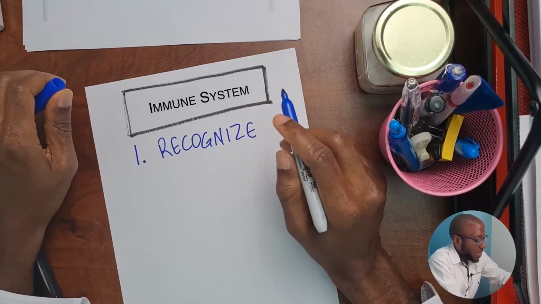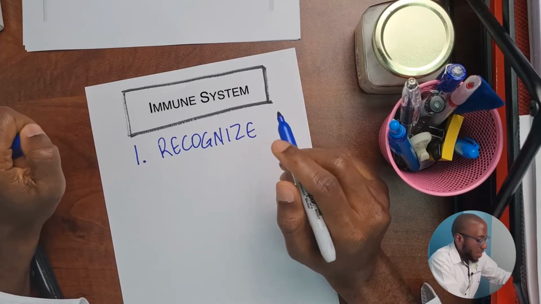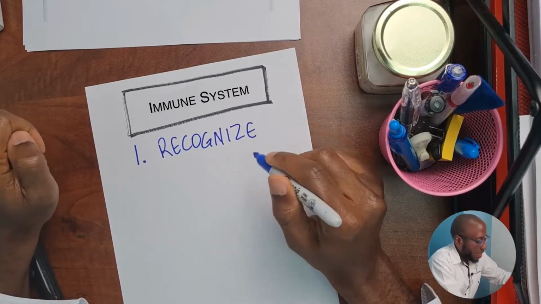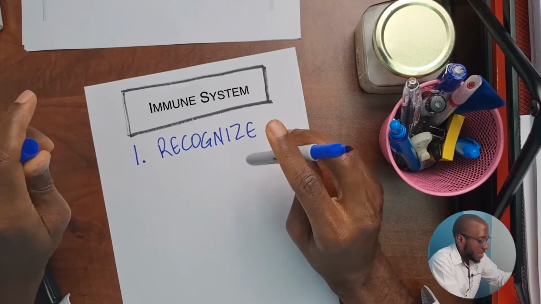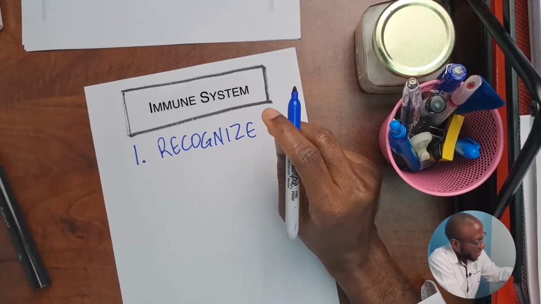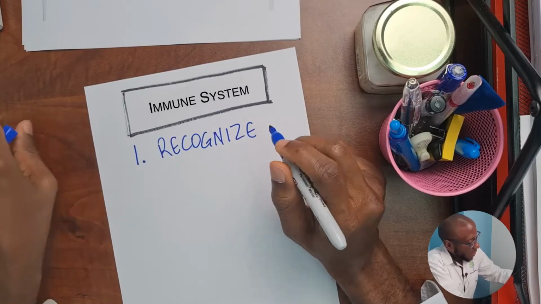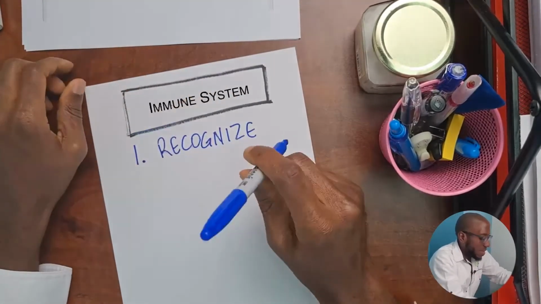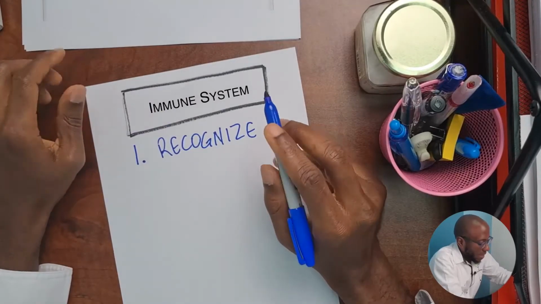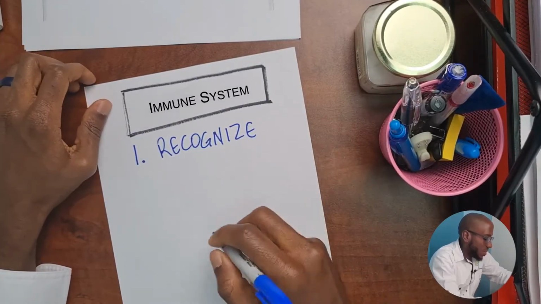It could be an infection, it could be an autoimmune problem, well, different problems arise with recognition because sometimes the body thinks that self is actually a problem when actually self is self. So it needs to appropriately recognize that there is a problem and be correct in its assessment that there is a problem. So that's the first step or feature of the immune system.